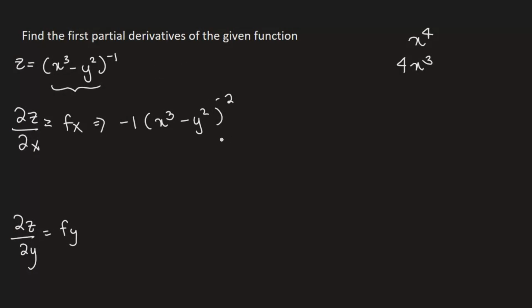And now this is the chain rule. In the chain rule, we have to multiply by the derivative of the inside function, right? To calculate the derivative of this, we first need to consider that we are taking the derivative with respect to x, which means we are treating y as a constant.